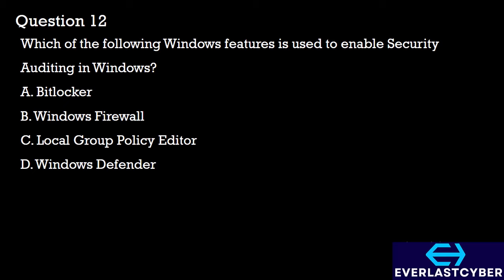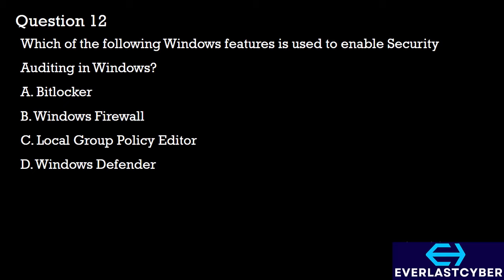BitLocker is used for disk encryption and securing data. However, it's not used for enabling security auditing. Windows Firewall is used to manage incoming and outgoing network traffic based on established security rules. However, it does not handle auditing. The Local Group Policy Editor is used to enable and configure security audit settings in Windows, and this allows administrators to track and log security events like file access, login attempts, as well as changes to the system settings.